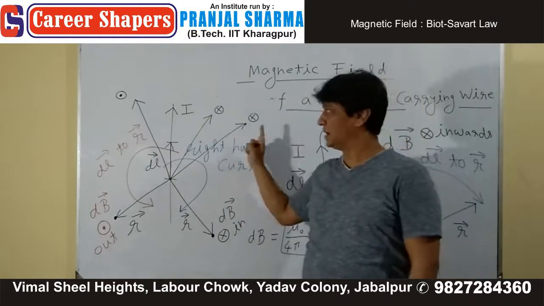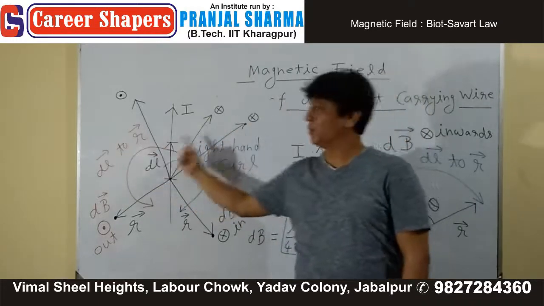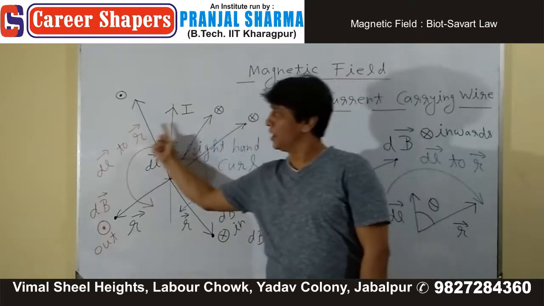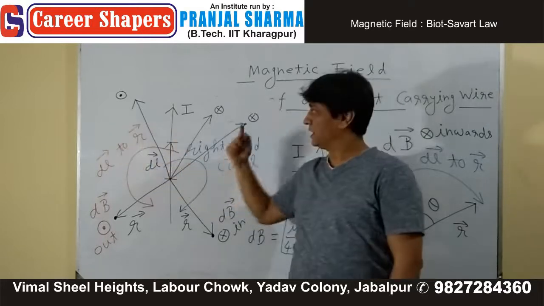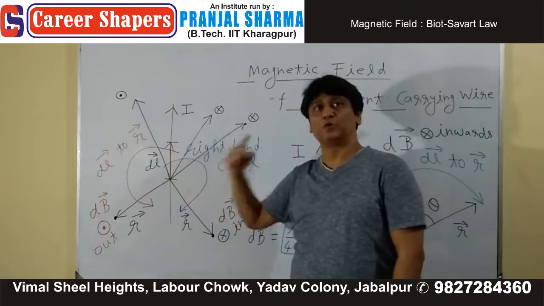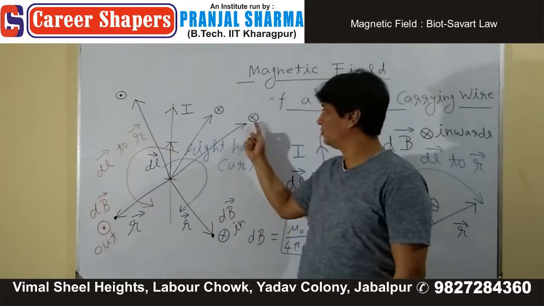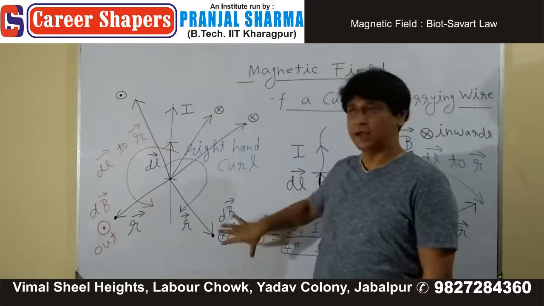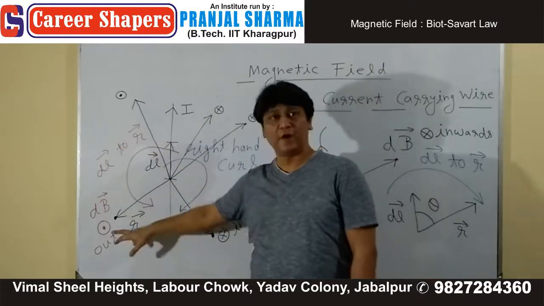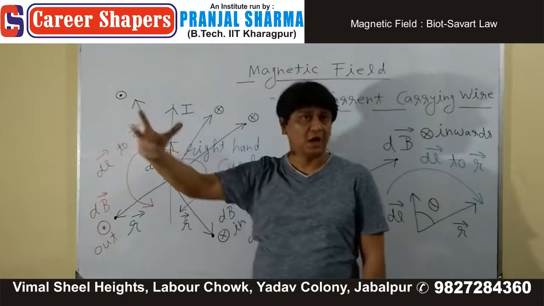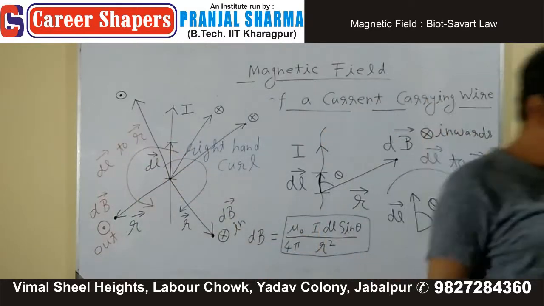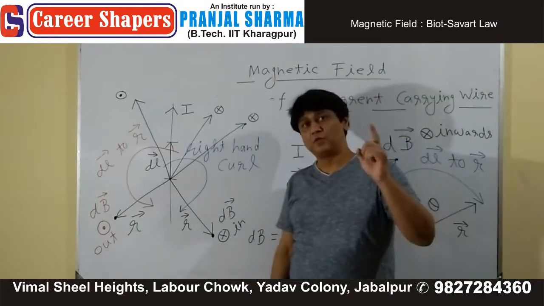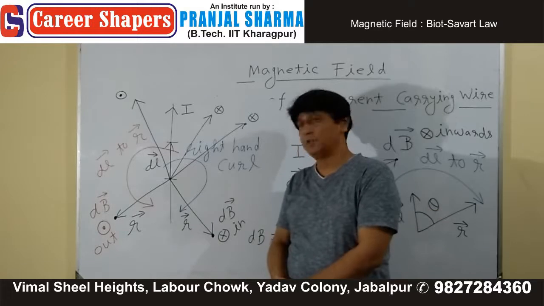On this side, the magnetic field line is going in, and over here it is coming out. It's making a closed loop, and because of that, everywhere on this side you will find cross, in. Everywhere on this side you will find dot, dot, dot, that is out. Which gives us a much better method, the second method for the direction of the magnetic field. What is that?